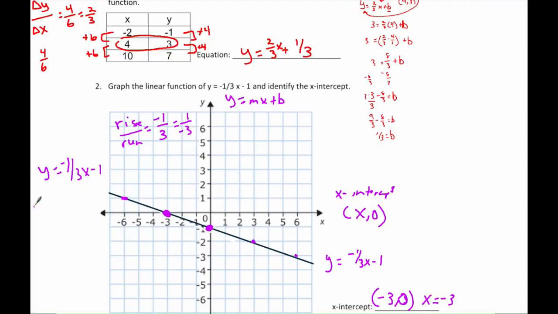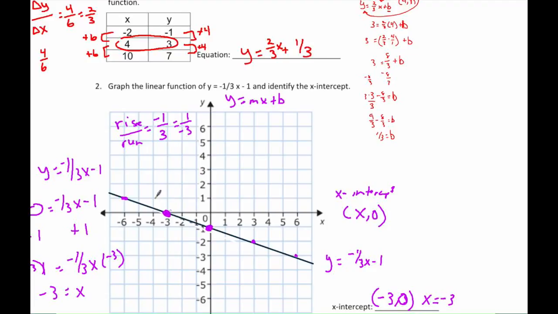The x-intercept is when I put in 0 for y and I solve algebraically for x. And multiply both sides by negative 3 because I am just multiplying by the reciprocal here to isolate the value of x by itself. X is equal to negative 3. That's how you would solve algebraically for the x-intercept, in case you didn't want to graph it.